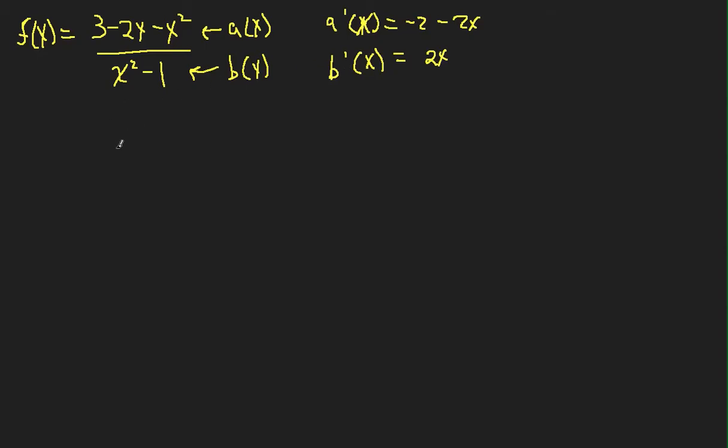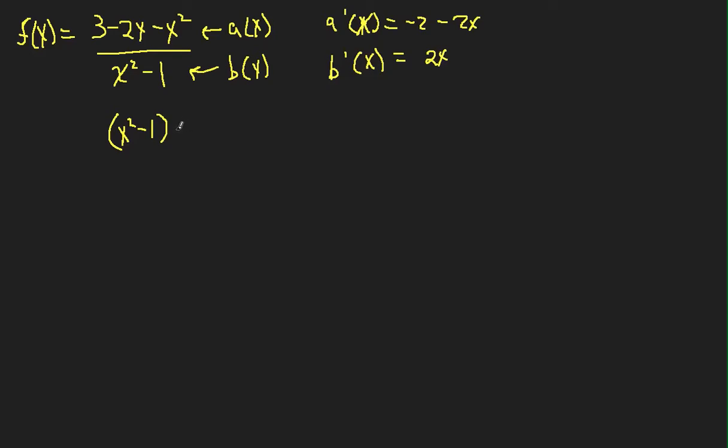Now the rule says it is the second, so b of x, x squared minus 1 times the derivative of the first. Let me make sure the rule's right.